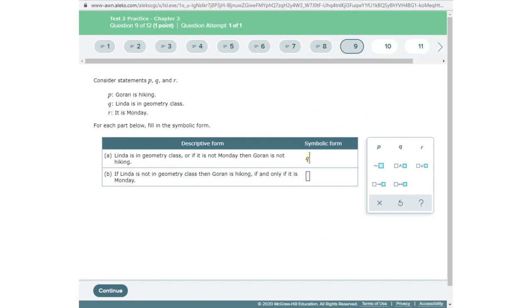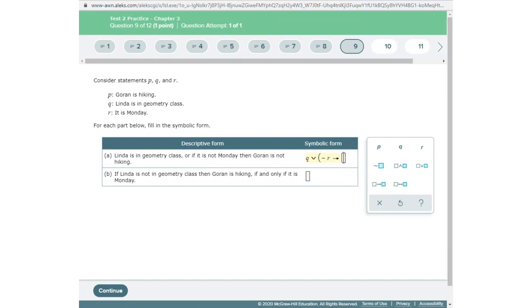Or, now here's where you got to watch out. Or if it is not Monday. I was thinking they might have had parentheses on there, but they don't.